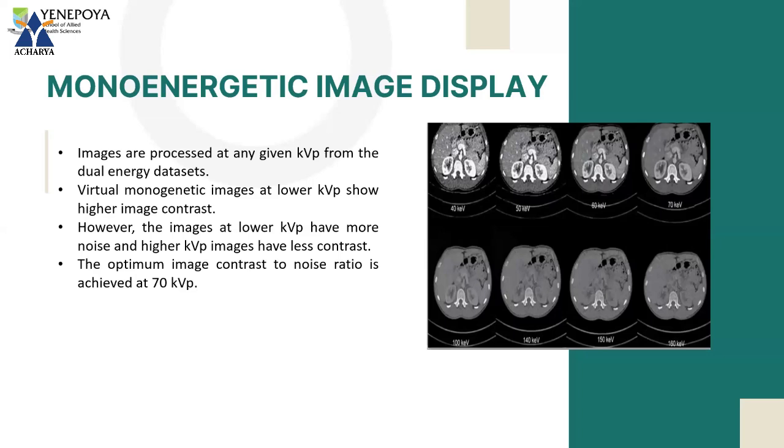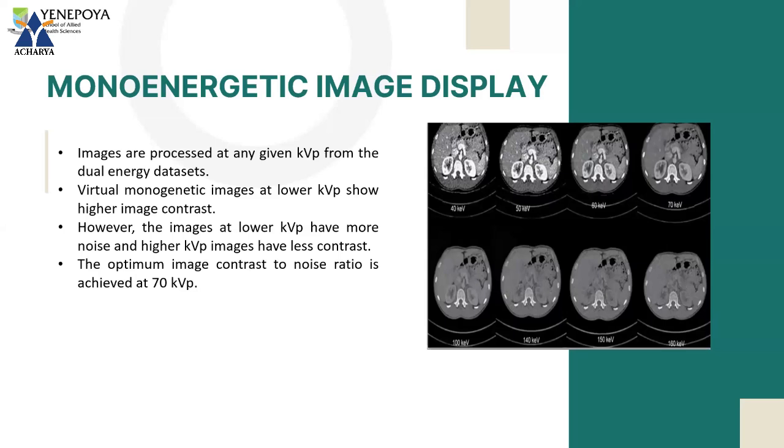Usually, when you're splitting the beam, you will have to use two types of filters, right? One of the filters will have sufficient energy, like aluminum, which will reduce the absorption rate of the filter. So that is where you get the 140 keV.